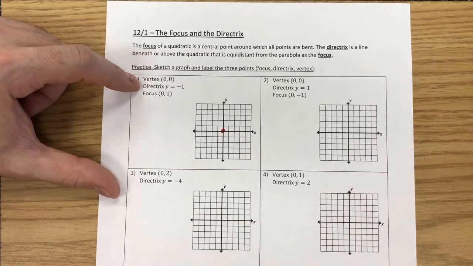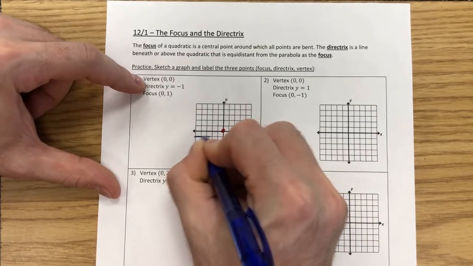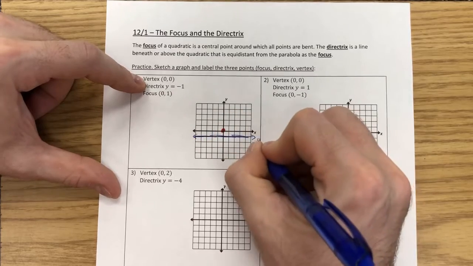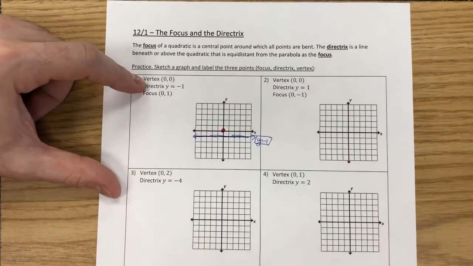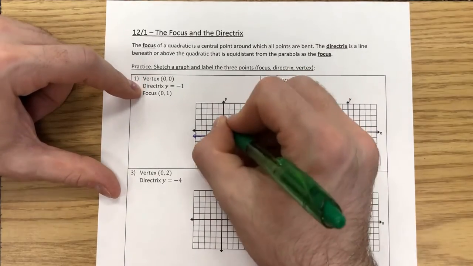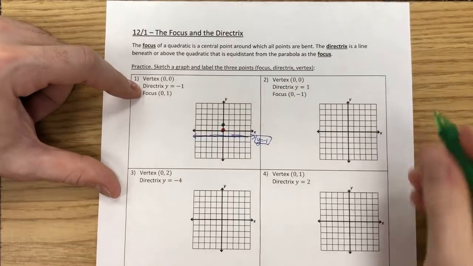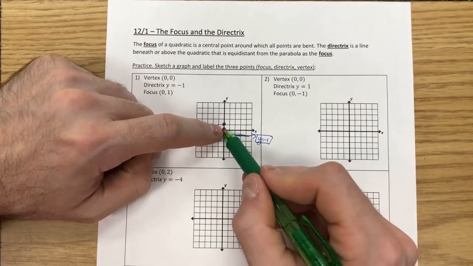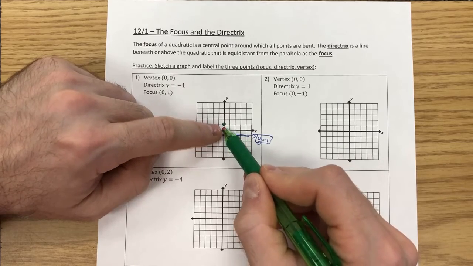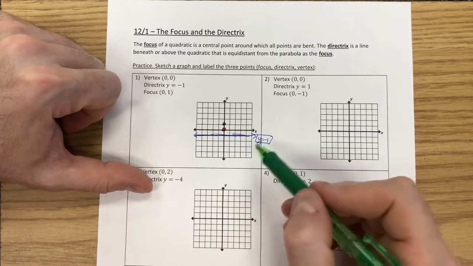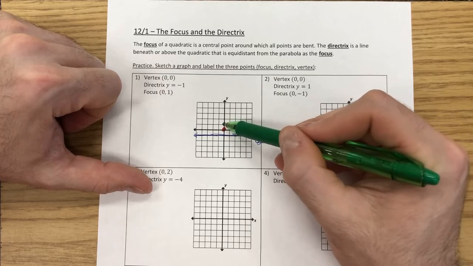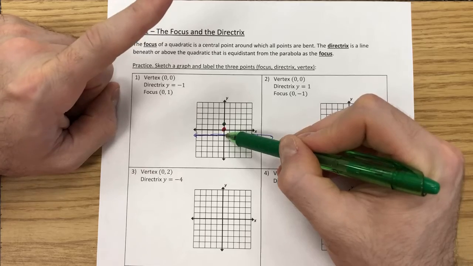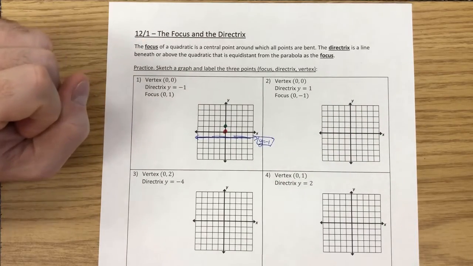And if I give you a directrix, let's draw my directrix of y equals -1, and I draw my focus at (0, 1), any point along the parabola is going to be the same distance from that point to the directrix as it is to the focus. And we can see with this first one, the distance between the parabola and the focus is 1, between the parabola and the directrix is 1. So those two lines are equal.